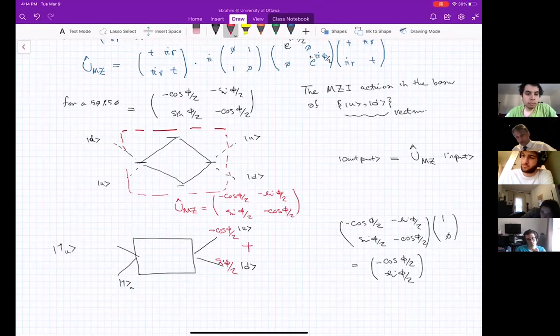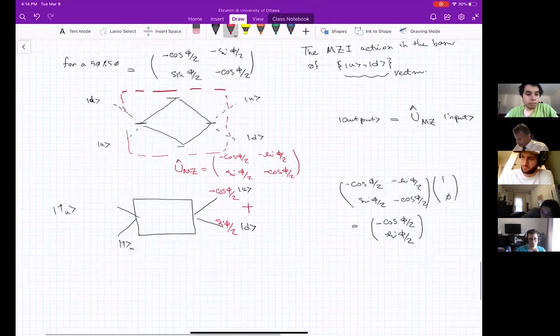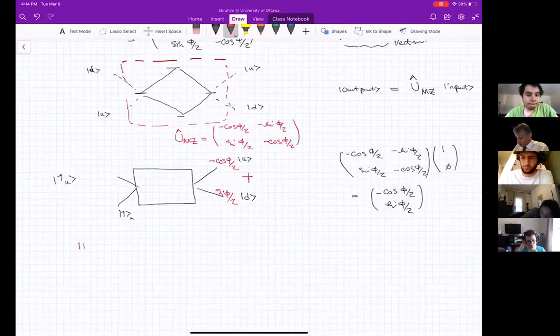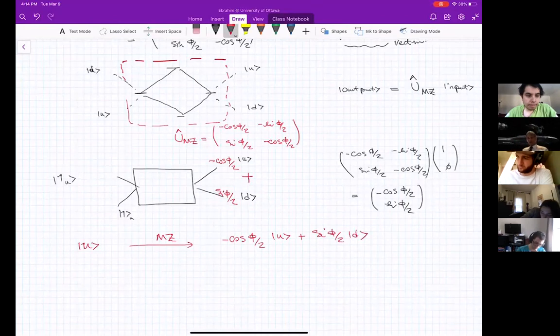It is a coherent superposition. So what you will get, you provide one up, or you go with up. Then after the Mach-Zehnder, what you will have is minus cosine of phi divided by 2 up plus sine of phi divided by 2 down.